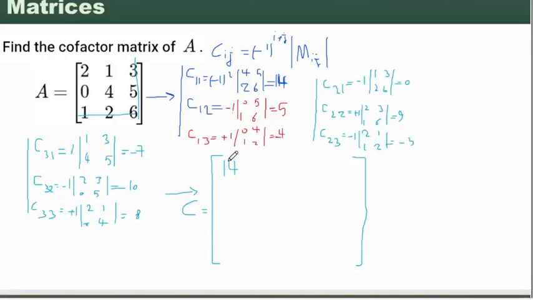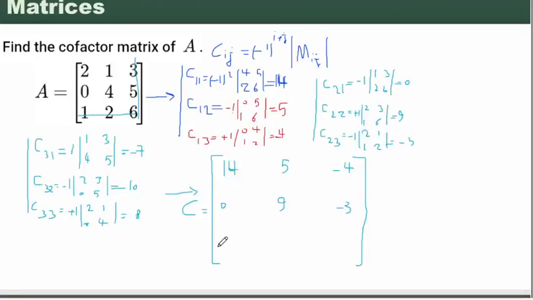Keep going to substitute all the elements in this matrix: C12, first row, second column; C13, first row, third column; C21, second row, first column; C22, second row, second column; C23, second row, third column.